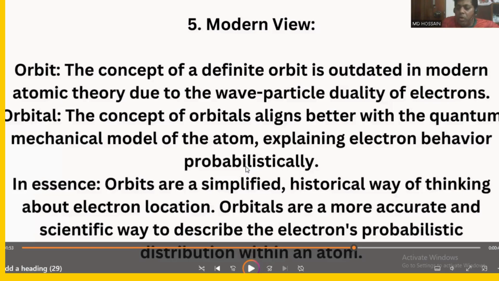Orbitals are a more accurate and scientific way to describe the electron's probabilistic distribution within an atom. Got my point? If you do not understand these things, you should knock me or inbox me. I will try to clear it again.